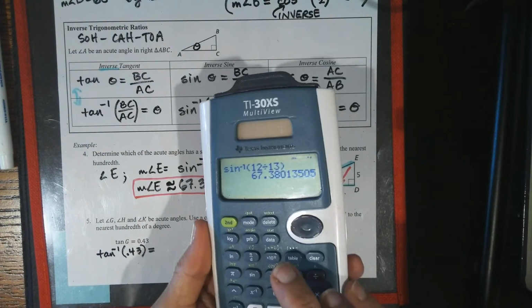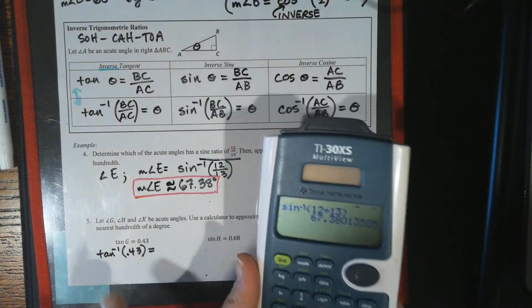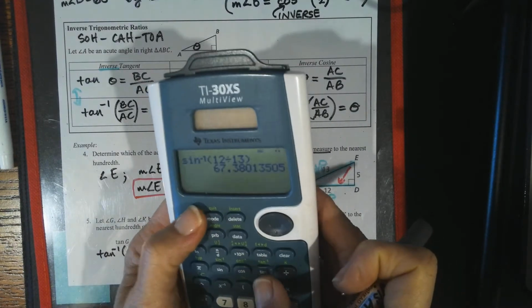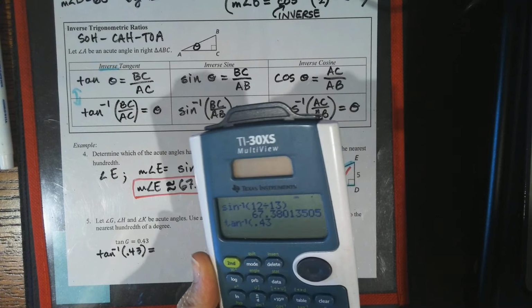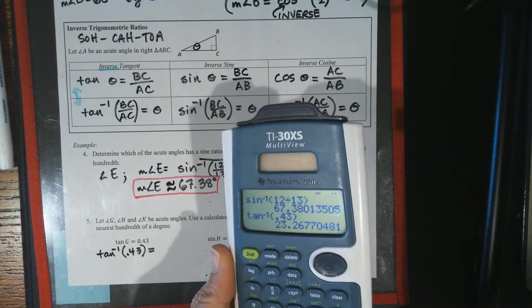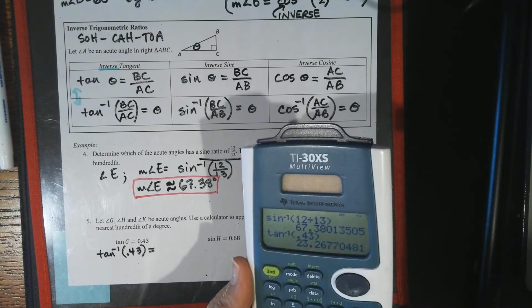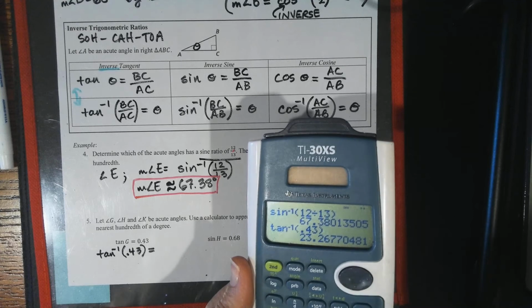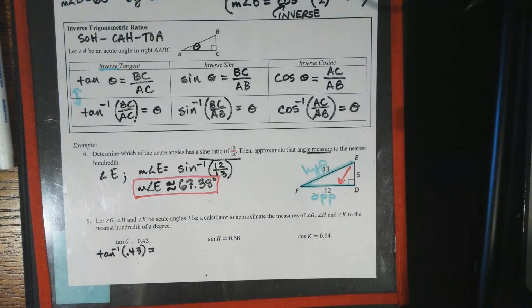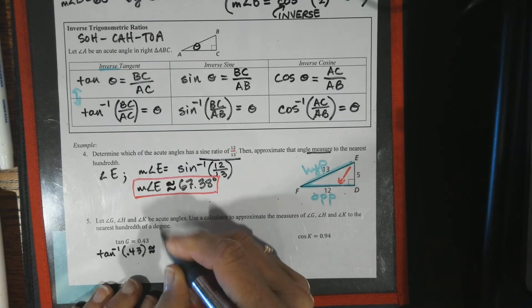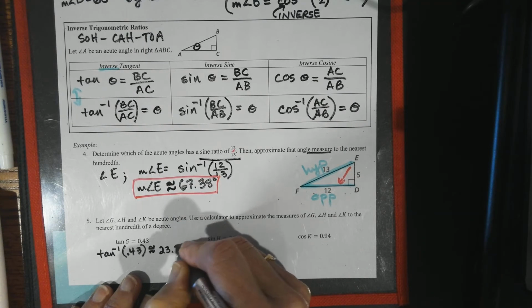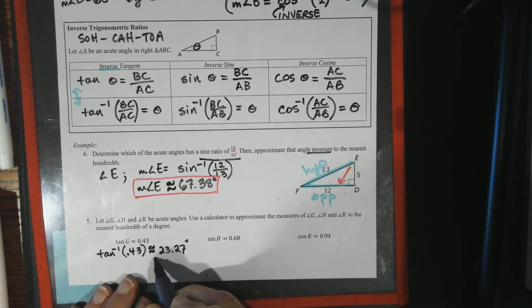Okay, so again, on this one, I want tangent inverse, so I go second tan, and then I'm going to do 0.43, press equals, and I get 23.267. Actually, it says hundredths, so I will round that to 27. And it's sort of squiggly because I'm rounding. 23.27 degrees.